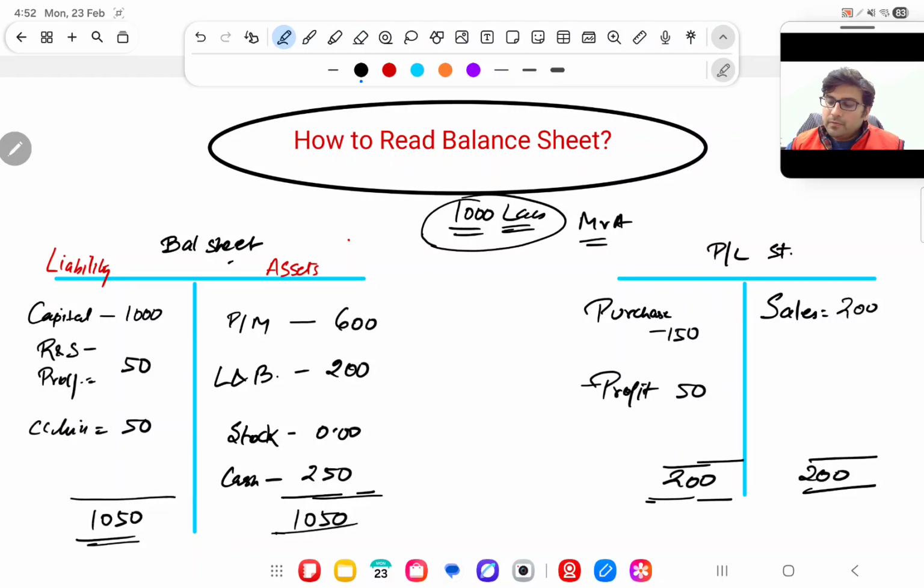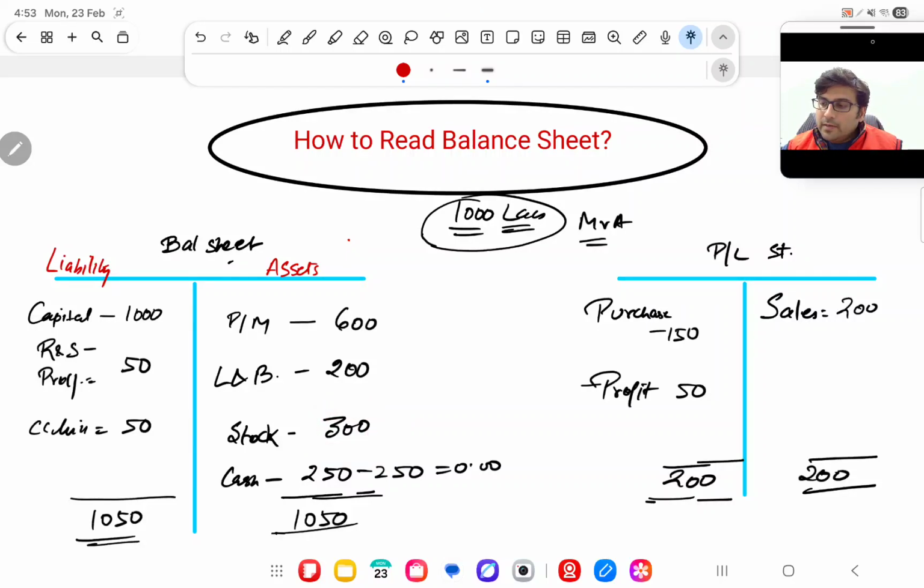So with the help of this 50, they purchased stock of 300. 250 they have utilized from the cash position. Now the cash will become how much? 250 minus 250, it is 0. And earlier the stock was 0, now it has become 300.